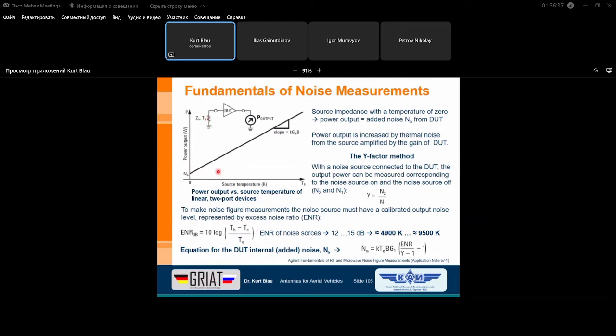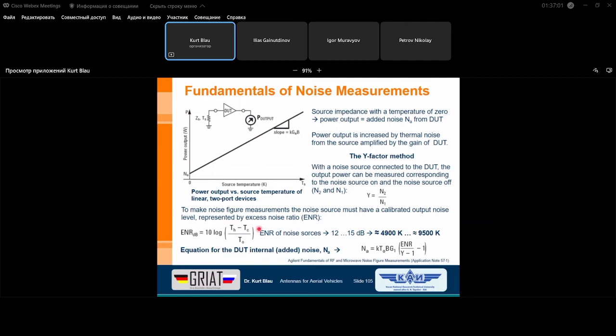Again, you can realize this with the avalanche diode, and the relation between the source resistance at 290 Kelvin and a much higher temperature, like for instance 4,900 Kelvin up to 9,500 Kelvin.